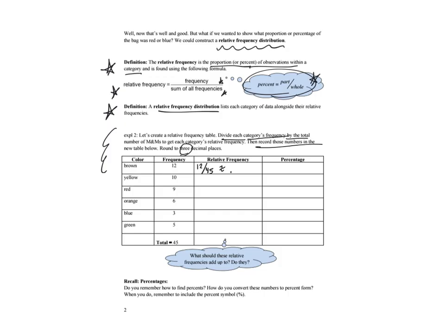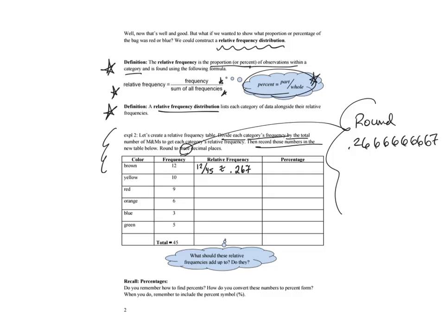If I'm going to round it to 3 decimal places, I'm going to look at the fourth digit. Let's actually review that. Round 0.266666666. It just keeps going, and then it finally gets a 7 at the end on the calculator, doesn't it? So to round to 3 decimal places, I'm going to look at the 4th decimal. That is that 6 right there.